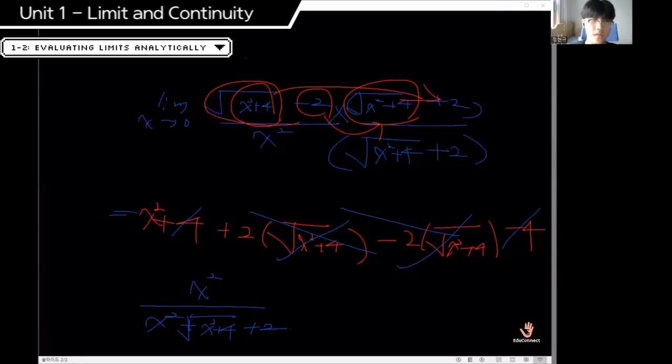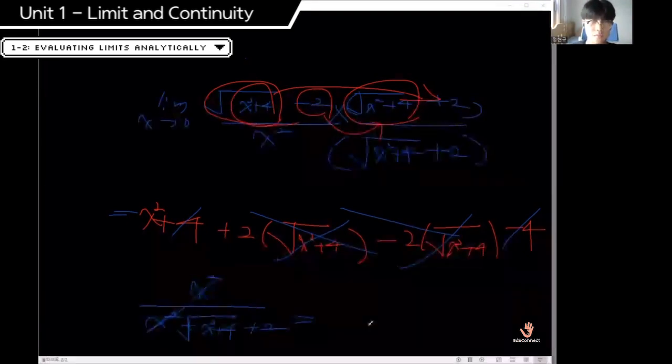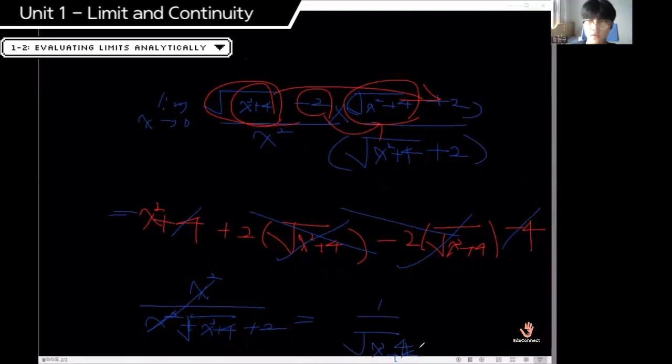And once again, we're checking the limit as x approaches 0. Now my x squared terms cancel each other out. So we're left with 1 over the square root of x squared plus 4 plus 2. And once again, we're trying to find the limit as x approaches 0.